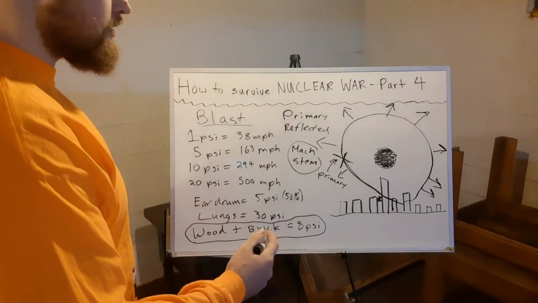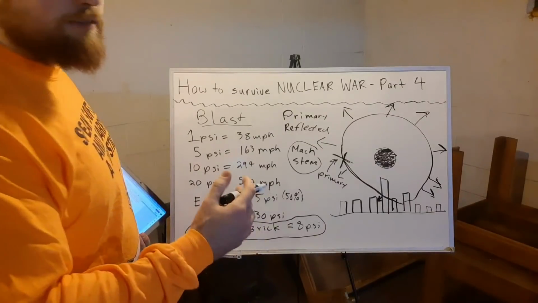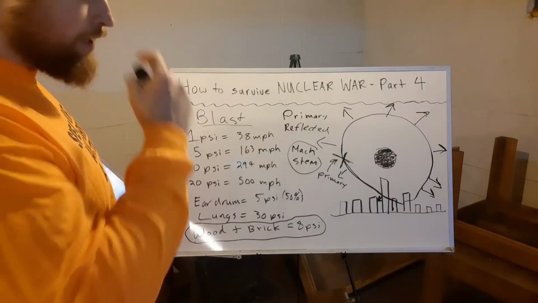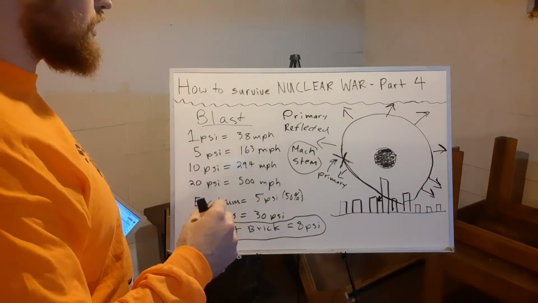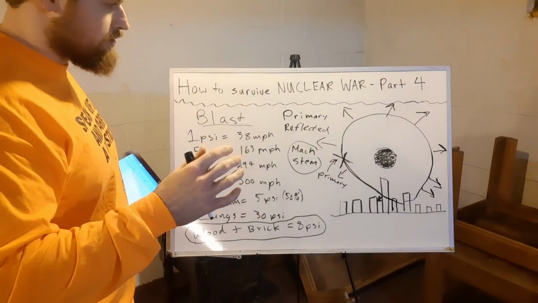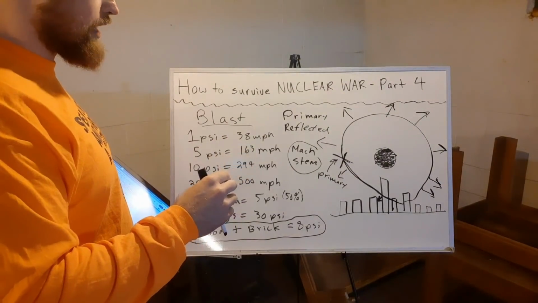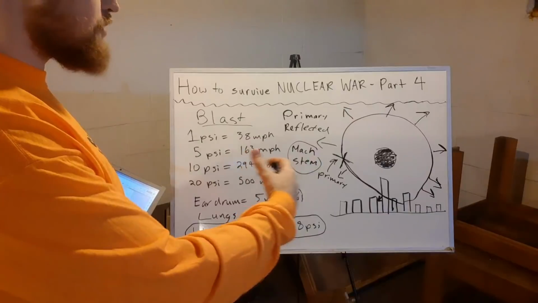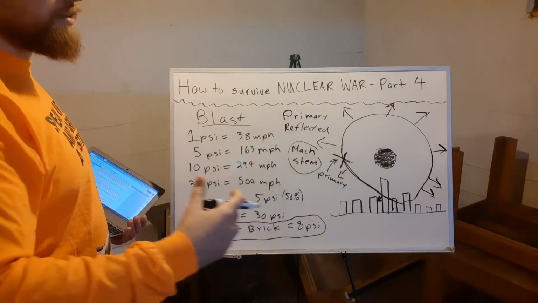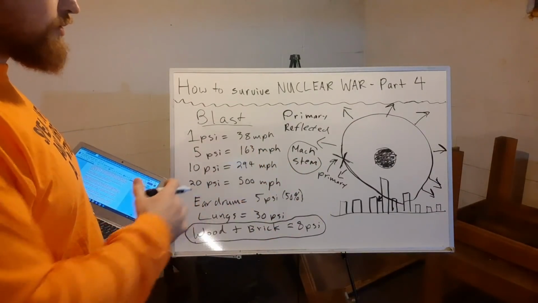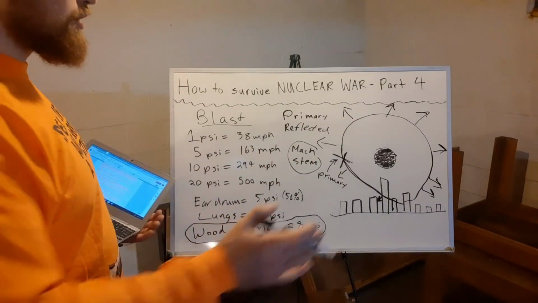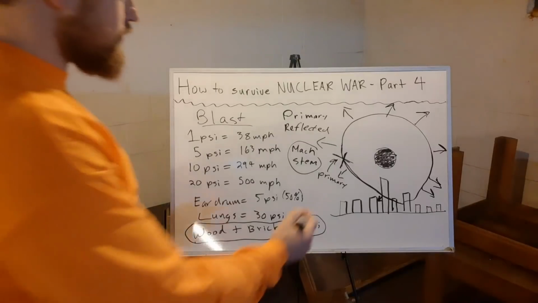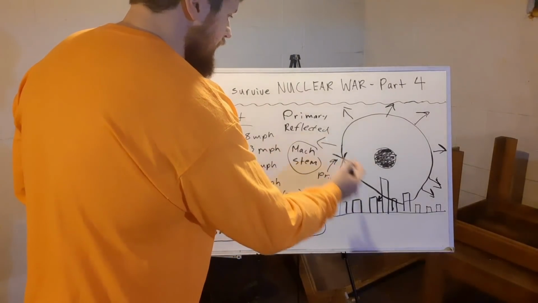Think of the reflected blast wave as a ricochet. If you drop a stone into a pond, what happens when the waves hit objects in the pond or on the shoreline? The waves bounce off of that and create new waves, kind of like a ricochet.